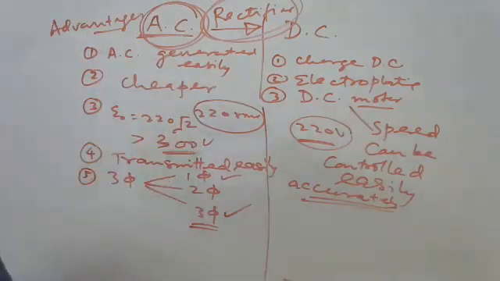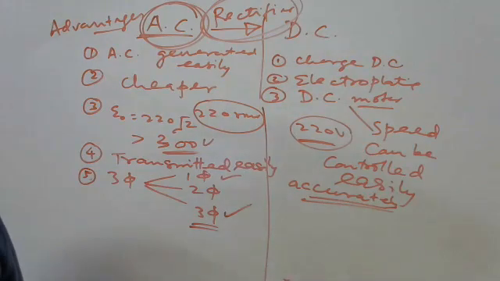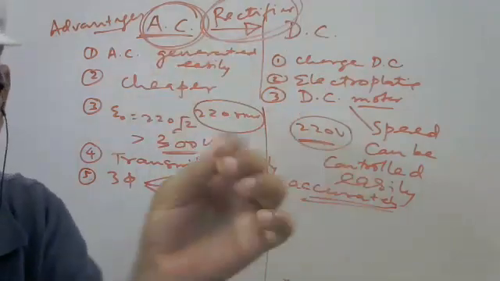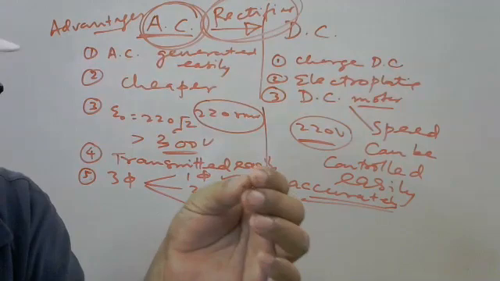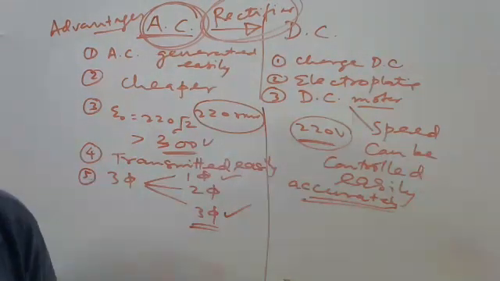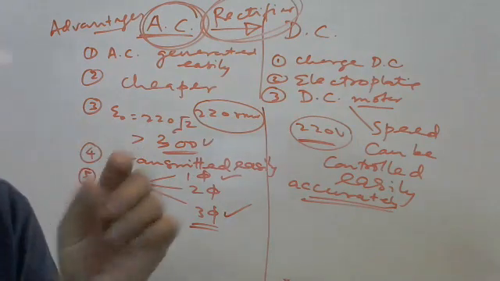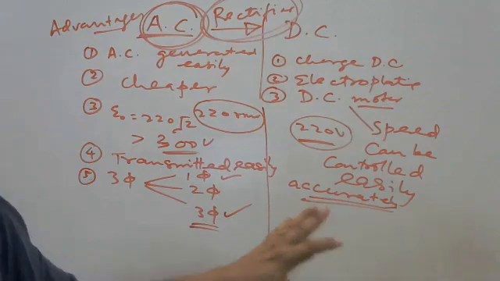I am taking an example here. Suppose we are regulating the speed by the regulator of a fan. Simple example. We are changing the speed, but not very accurately. Only 4-5 steps are there. Although with an electronic regulator we can control speed in a better way, suppose we are talking about the train.